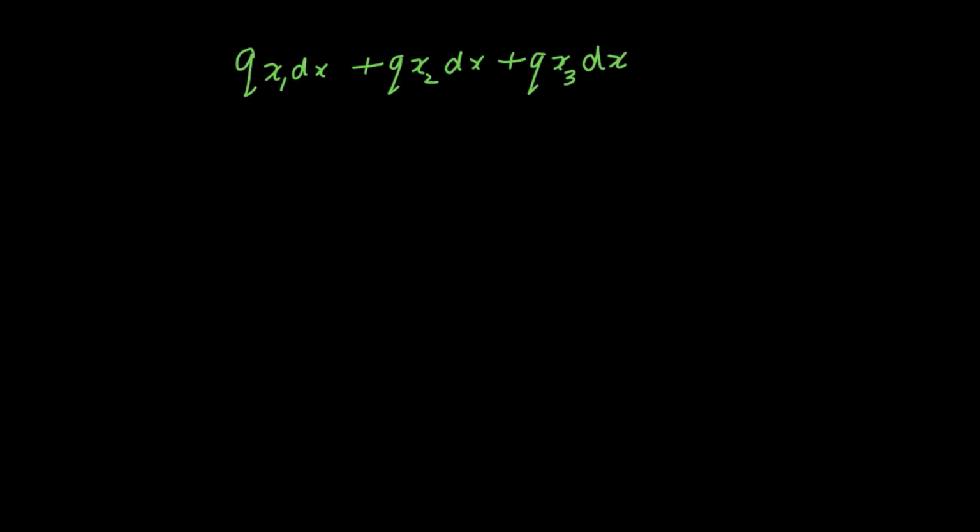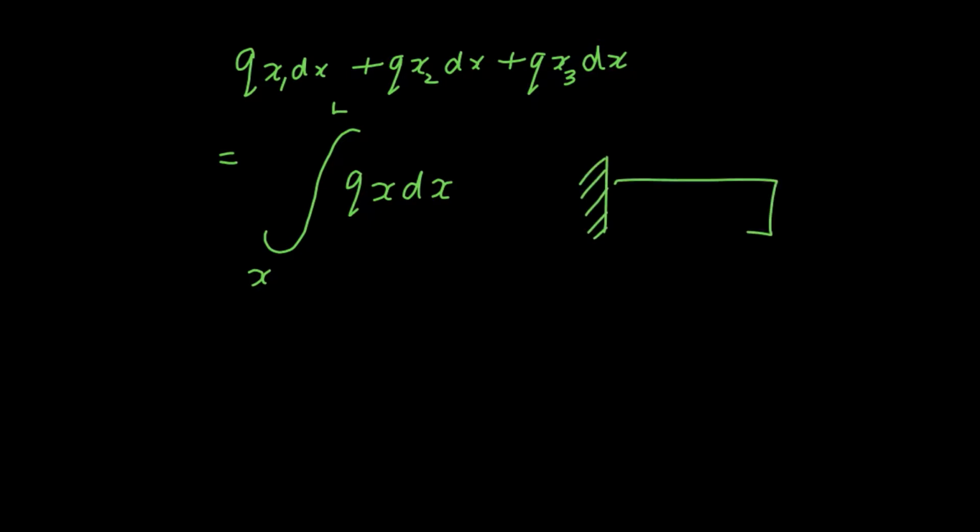So this can be nicely packaged as the integral of q into x into dx over the limit x to L. If the small portion is considered at a distance of x in general, and this end is x equal to L, the total load that is acting on the right hand side, including its self weight, we have to integrate from x to L.